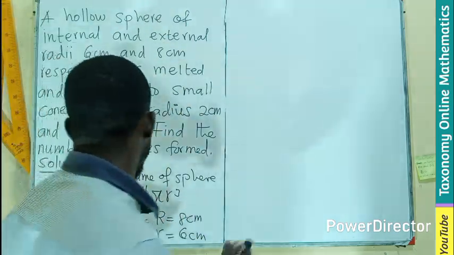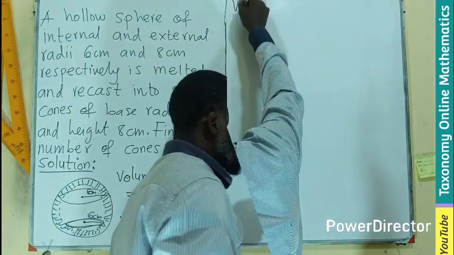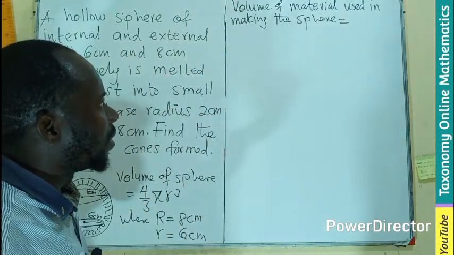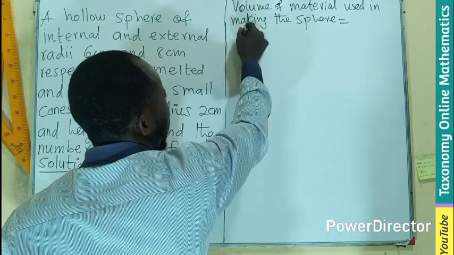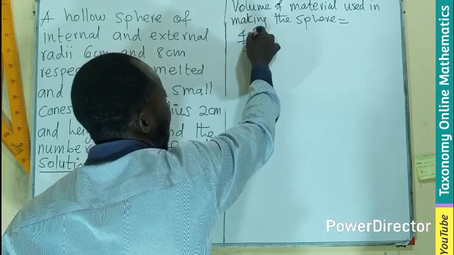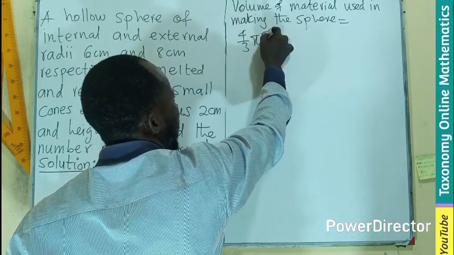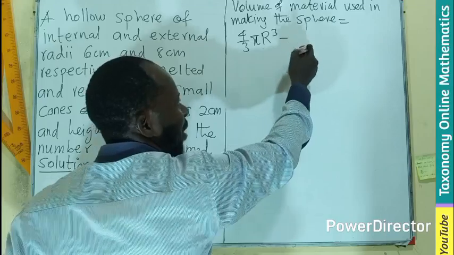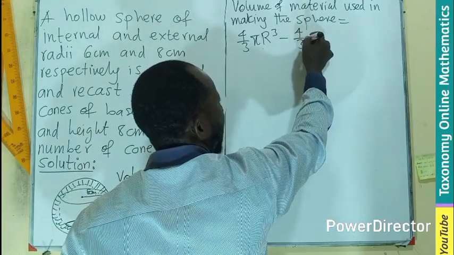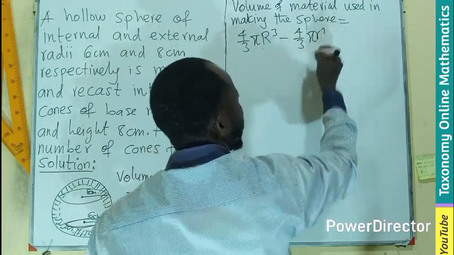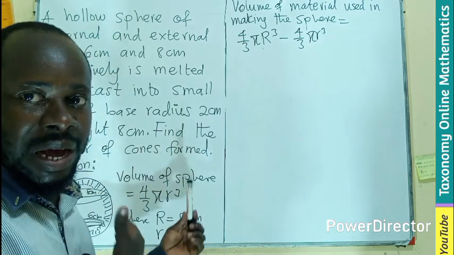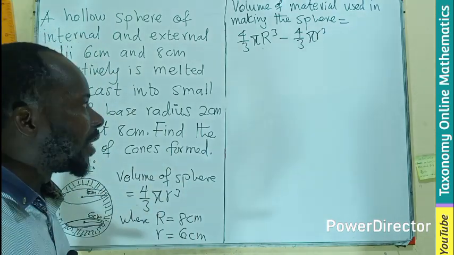So in this case, the volume of material used in making the sphere becomes 4 on 3 pi R cube, this one will be capital, minus 4 on 3 pi r cube. They are all r, which are representing the 6 and 8 centimeters.